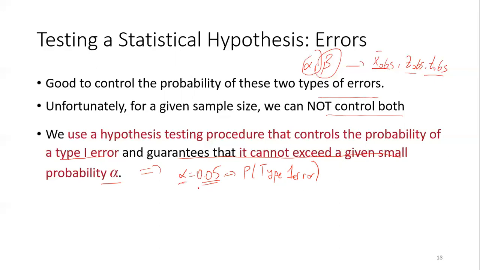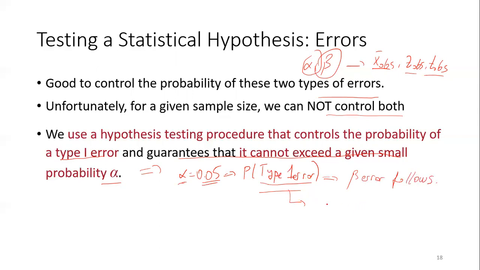In hypothesis testing, we first determine the value of the probability of type 1 error, and then the beta error follows.